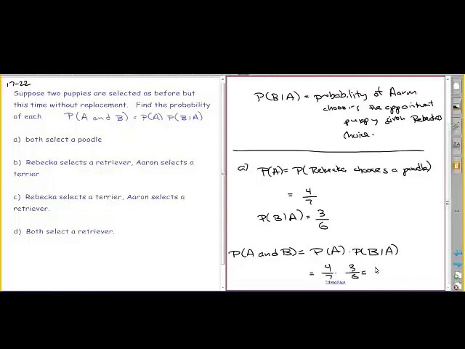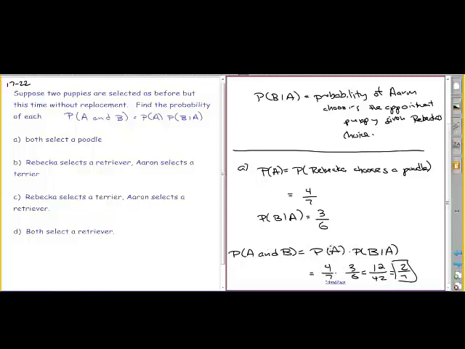So we take 4/7 times 3/6, which would be 12/42. You can divide by 6, so you get 2/7.